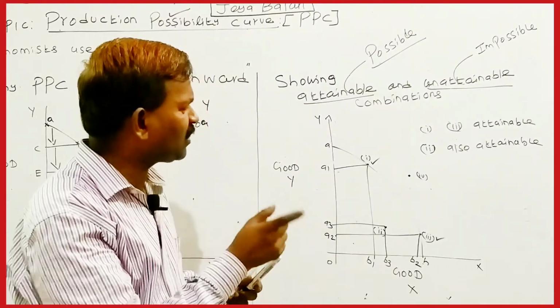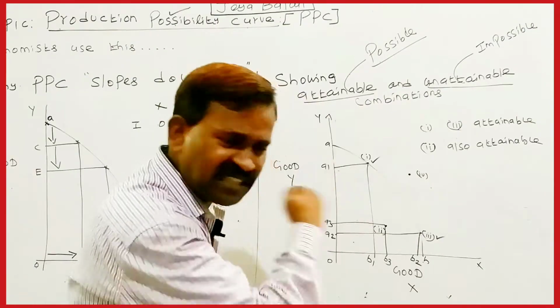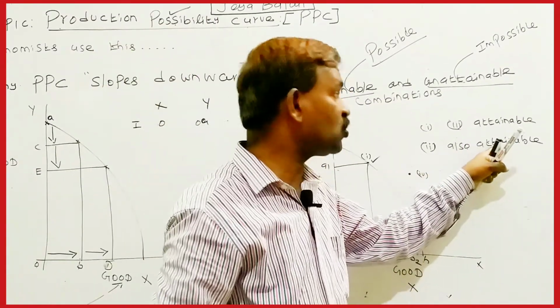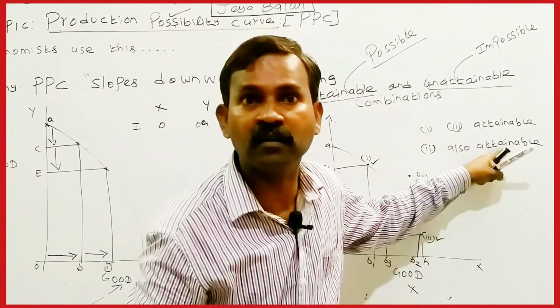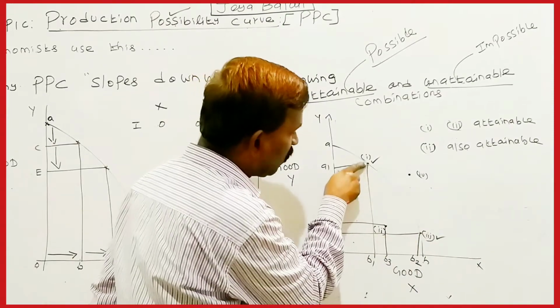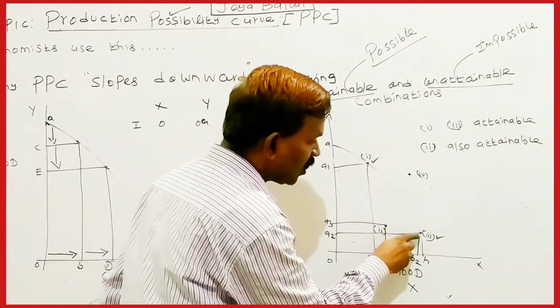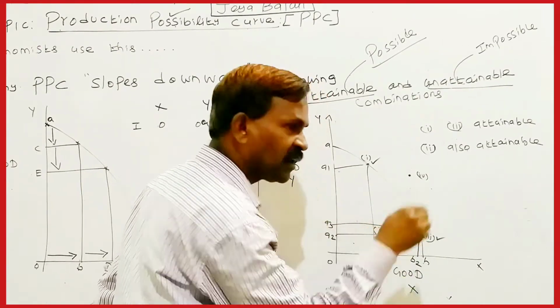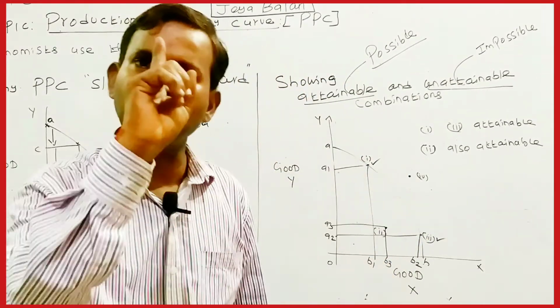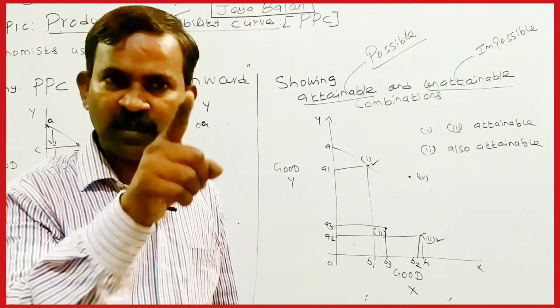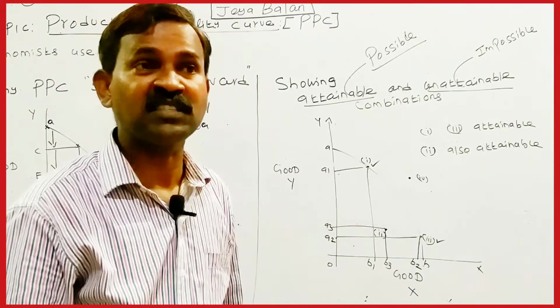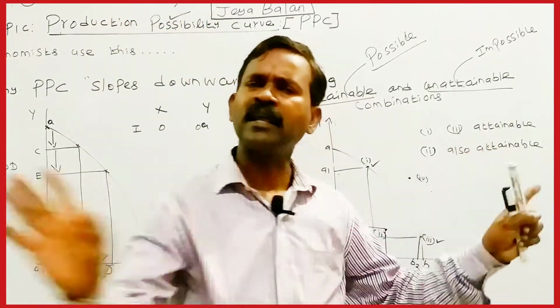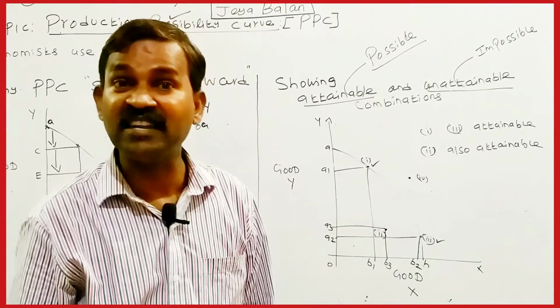At any point plotted anywhere but within or inside the PPC, that is also attainable combination. But what is the difference between this point and this point? Or what is the difference between a point plotted on PPC and a point plotted inside the PPC? There is only one difference. There is one similarity, one difference. What is the similarity? Both are attainable combinations. But what is the difference?